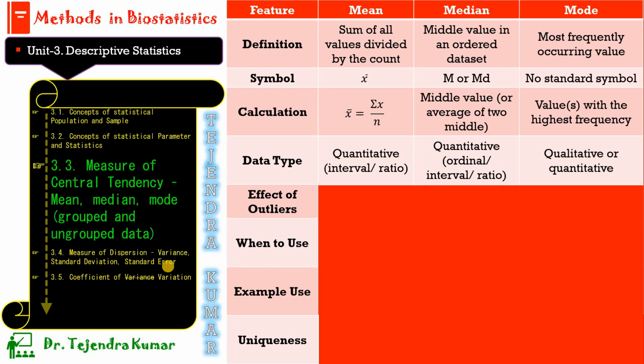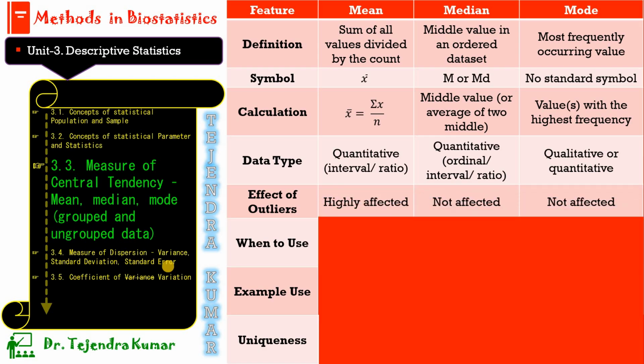But mode is applicable for both qualitative and quantitative data. Effect of outliers. Mean is highly affected by outliers, but in case of median and mode, there is no effect of outliers.